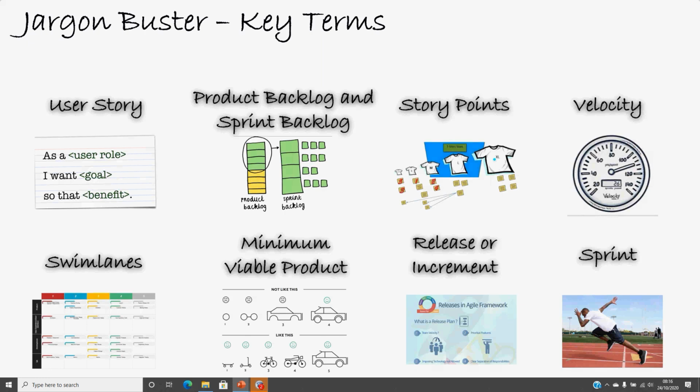So the whole idea is that we just want to quantify the complexity of the story that we are working upon. Not every story is going to be at the same level of complexity. Some of them will be simple, some of them will be more complex, some of them will be more difficult, some features will take less effort, some features will take more effort, some will take less time, some will take more time.